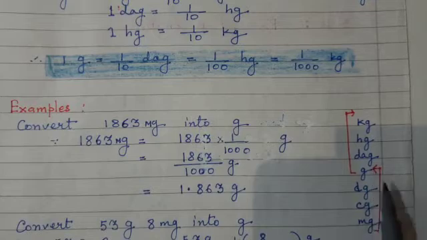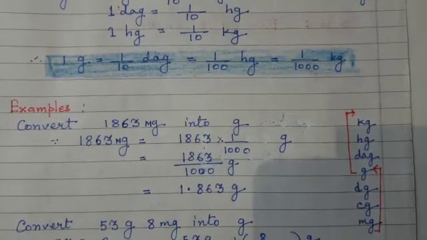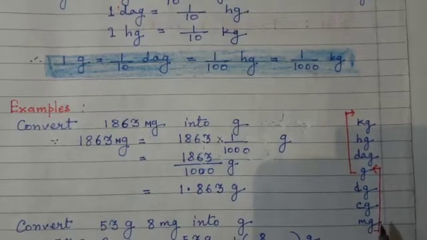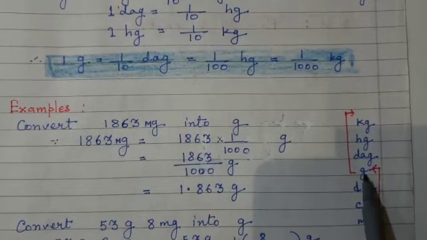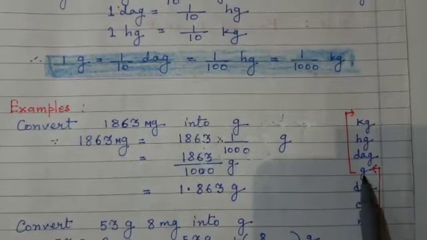Lower to upper unit, operation is division, and upper to lower unit, operation is multiplication. Here, we need to convert lower to upper unit and we need to move 3 steps. First step, second step, third step. Therefore, first step into 10, second step into 100, third step into 1000. Milligram to gram means divided by 1000.